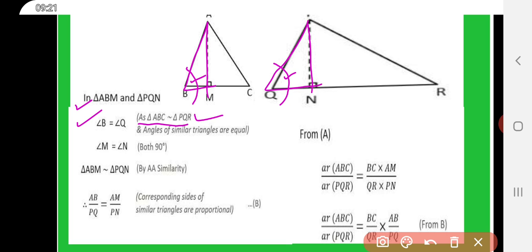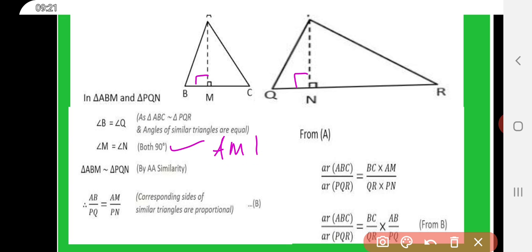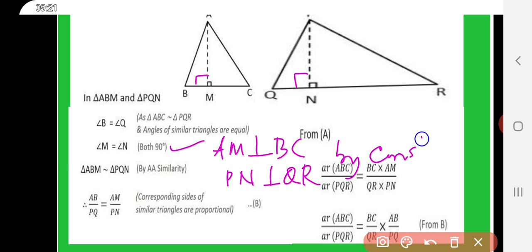And angle AMB and angle PNQ are equal to 90 degrees, as AM is perpendicular to BC and PN is perpendicular to QR by construction. So this angle is equal to this angle.